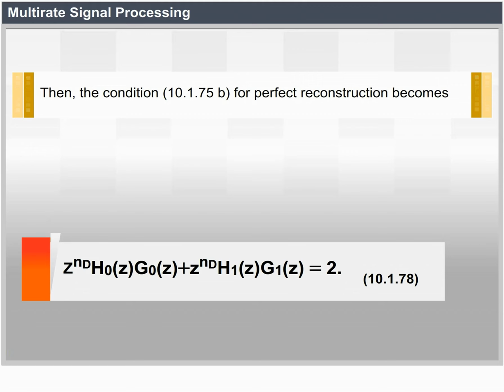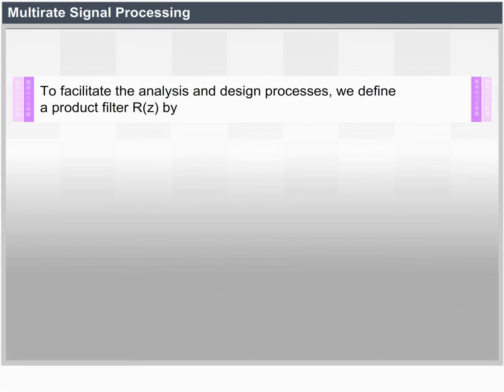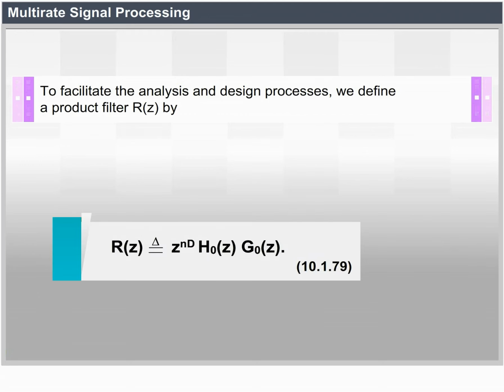To facilitate the analysis and design process, we define a product filter R(z) by R(z) = z^nd H0(z) G0(z), called equation 10.1.79.